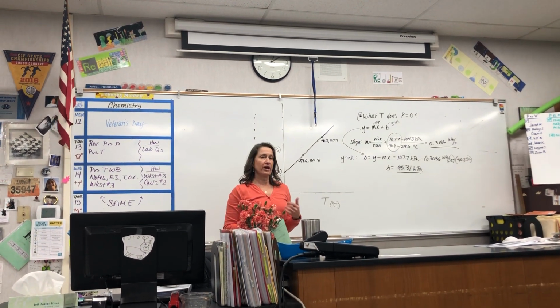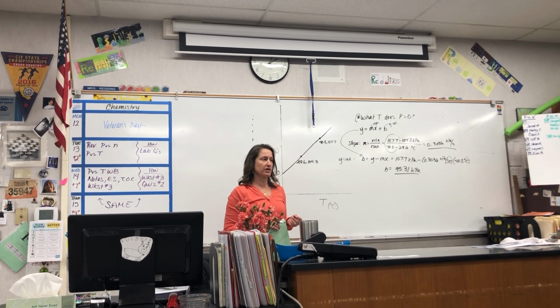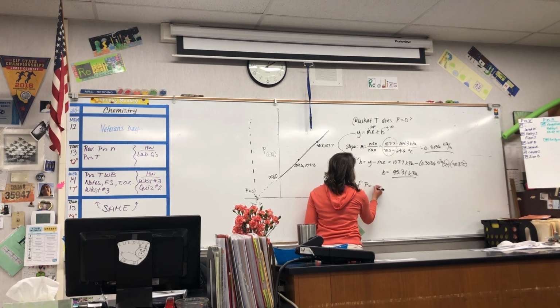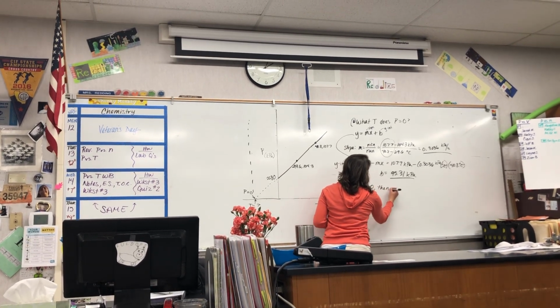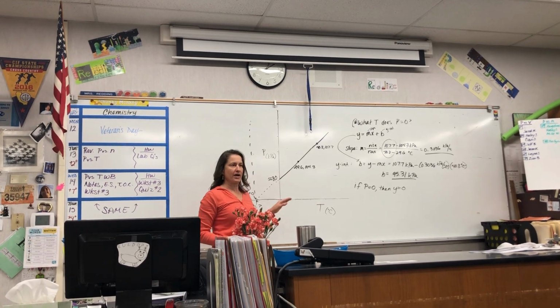Now we have the information we need in order to find the temperature at which pressure would actually equal 0. So if pressure is 0, then we'll set y equal to 0 because pressure is on the y-axis, okay?